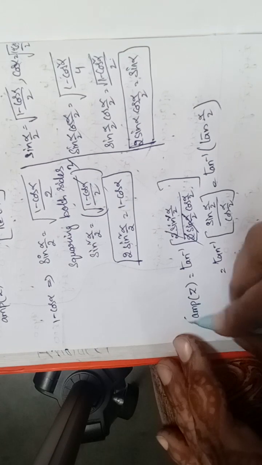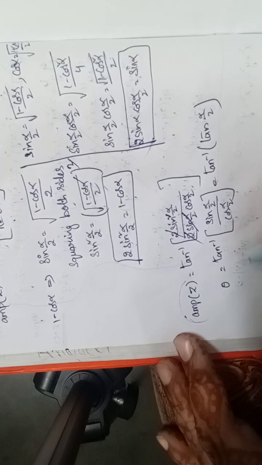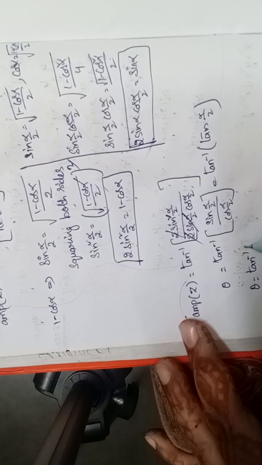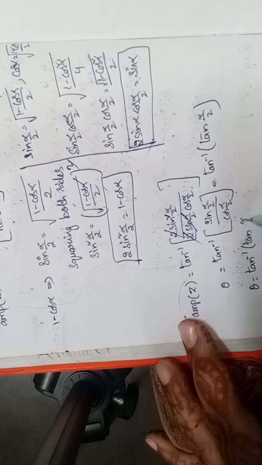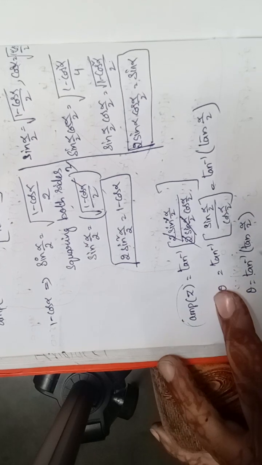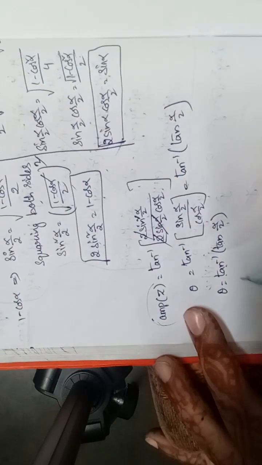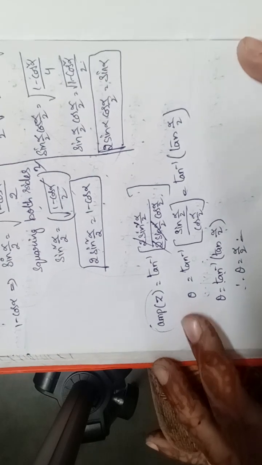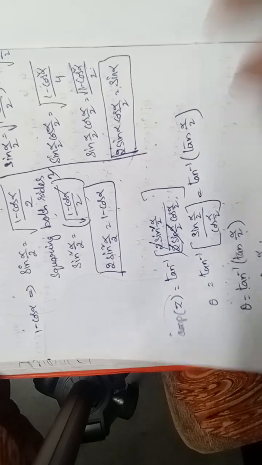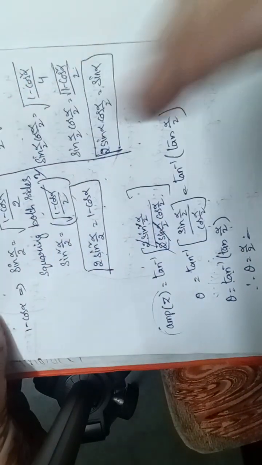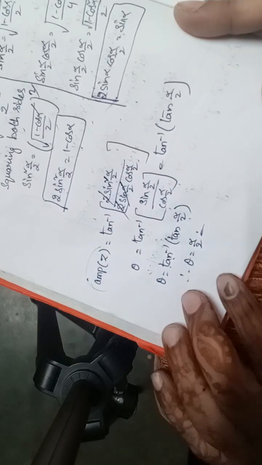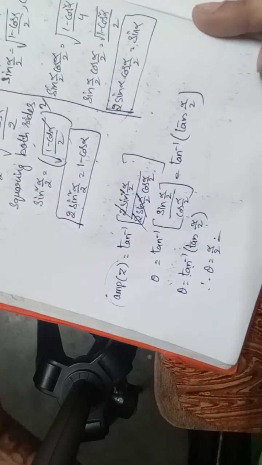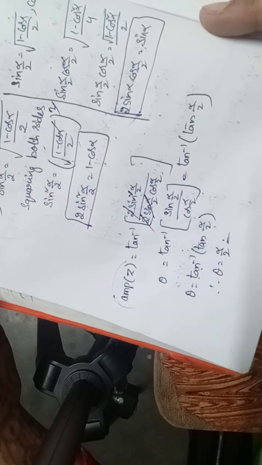This amplitude is nothing but theta, so theta equals tan inverse of tan alpha by 2. Tan inverse and tan cancel, and we get theta equals alpha by 2. That is the solution.